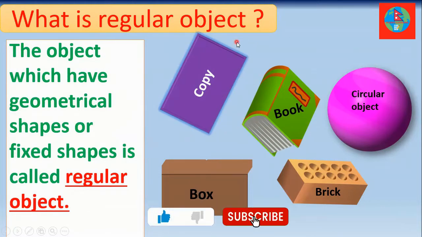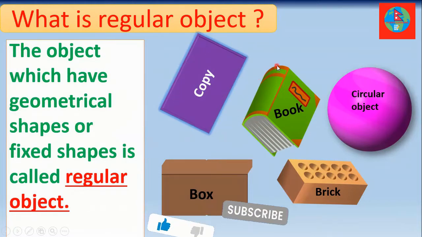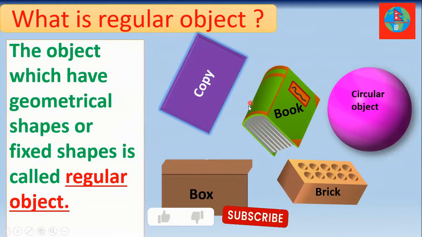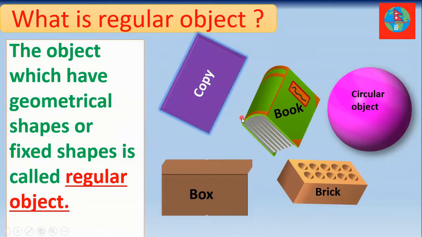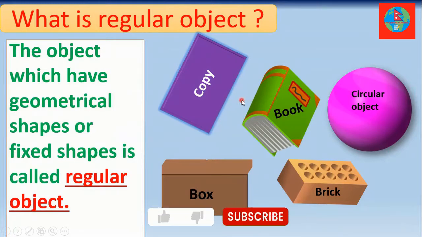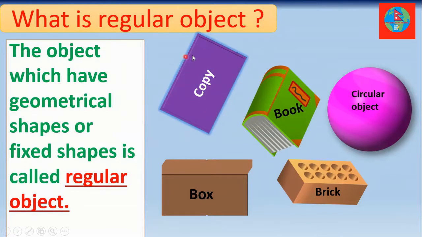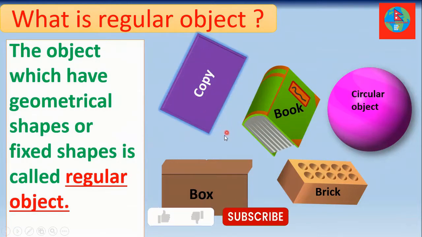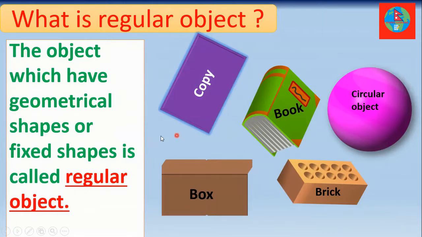In our surroundings, there are many types of objects. Some are regular and some are irregular. So now you know what regular objects are. Do you understand? Okay, listen very carefully.